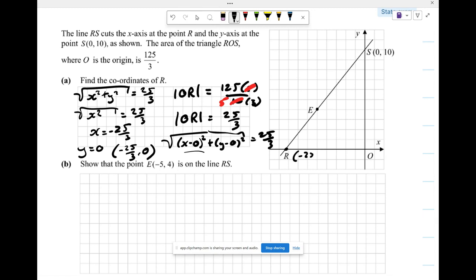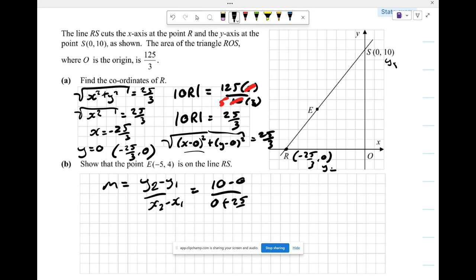So we know this point is 25 over 3, 0, and this point is 0, 10. So let's find our slope. m is going to be y2 minus y1 over x2 minus x1. So let's say this one's y2. So that's 10 minus 0 over 0 minus minus 25 over 3.